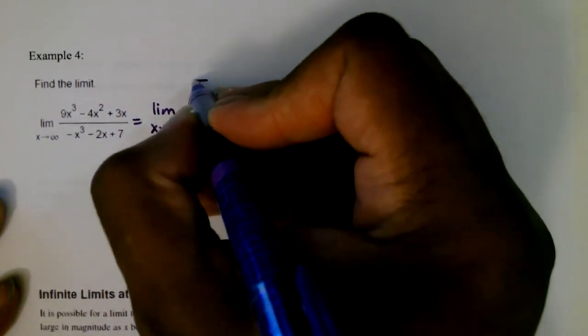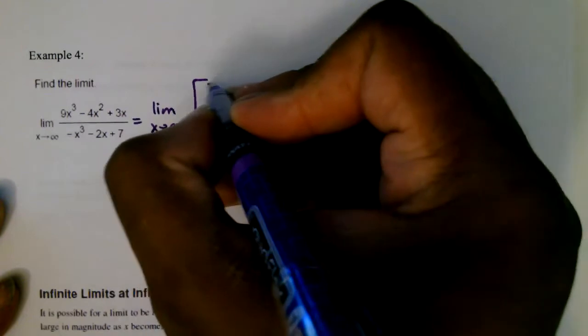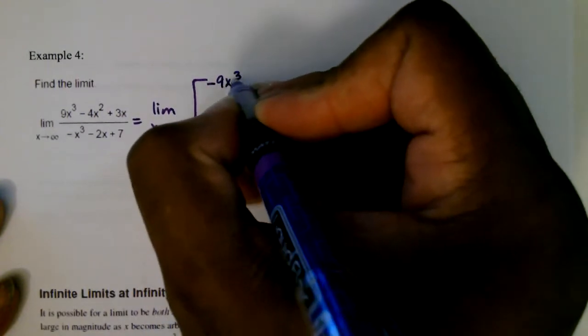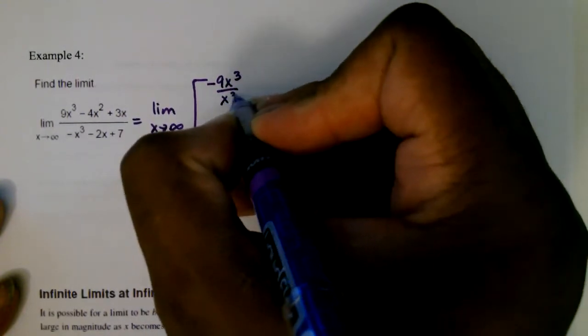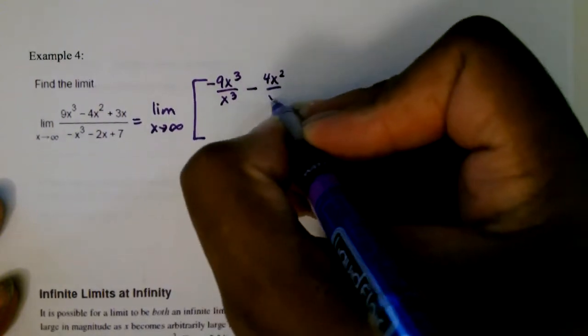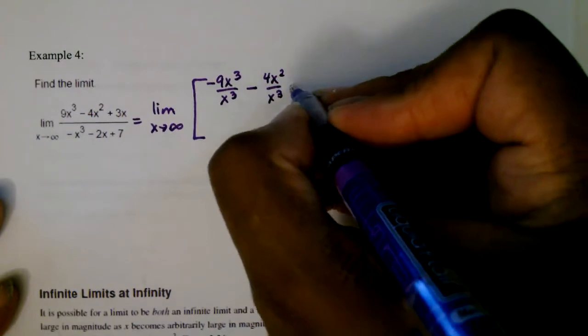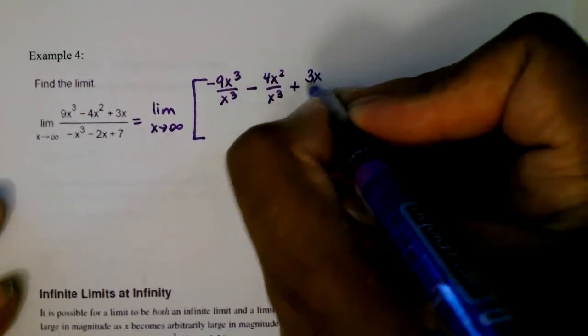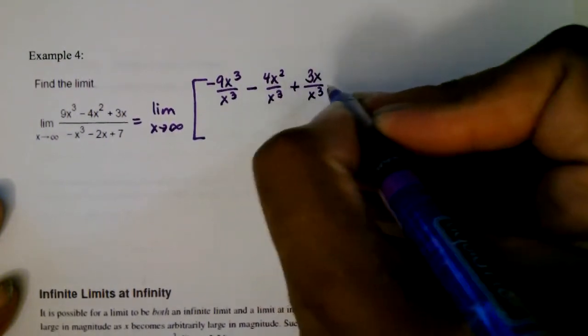So then 9x cubed will be divided by x cubed, minus 4x squared will be divided by x cubed, plus the 3x will be divided by x cubed.